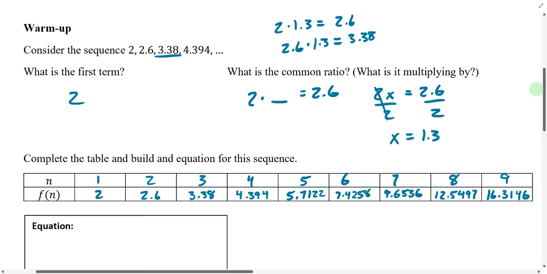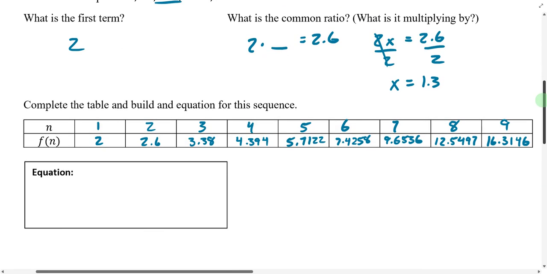All right, and next we're going to go ahead and build our equation. Since this is a multiplying equation, remember the format that I taught you yesterday. Multiplying equations take on this form where we do the first term, we'll call it f of 1, times this b value, which is the multiplier, raised to the n minus 1.